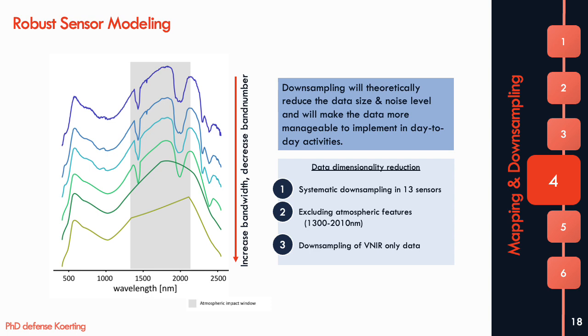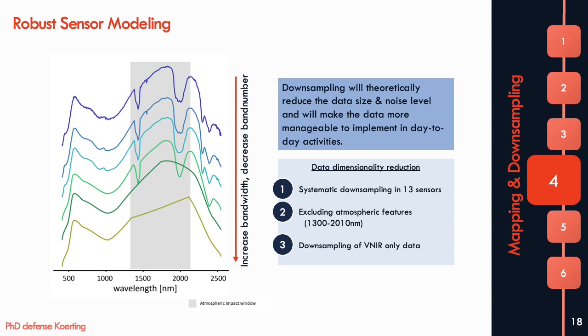As you can see here in gray, the atmospheric impact window. So distinct absorption features that stem from the minerals themselves will be masked in an outdoor setting, like my mine face setting. And in a 3rd step, I downsampled to the Vinir only data to check if the Vinir is sufficient for mapping.